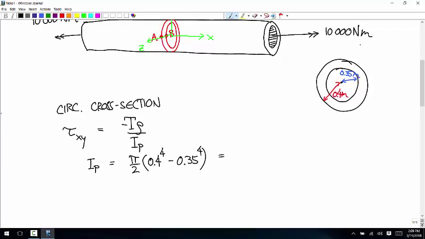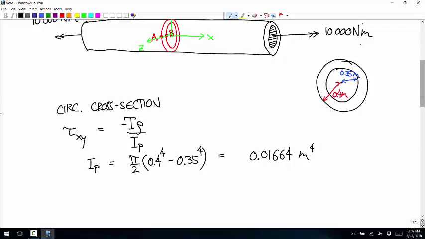And that is, I don't know, can someone calculate that? 0.016. Do you think that's repeating? And that's meters to the fourth.